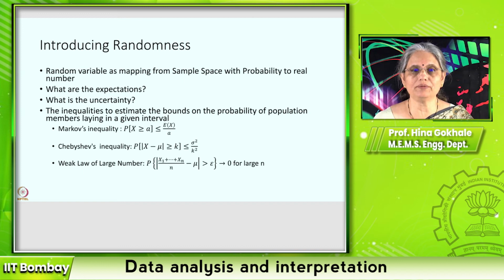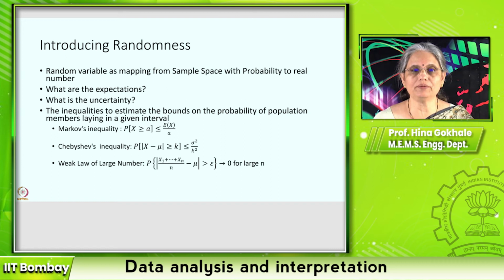While arbitrariness has nothing to do with probability. So there is a distinction between the two. At least one takeaway from this course is that you know when to use the word random and when to use the word arbitrary. Then we talked about the expectations of these random variables, and the uncertainty.